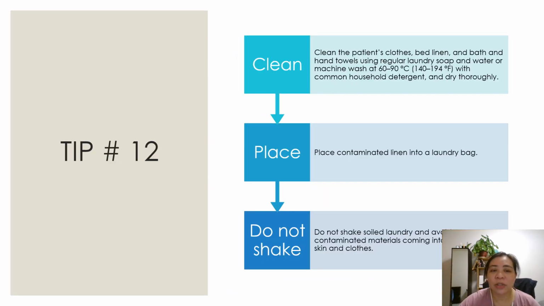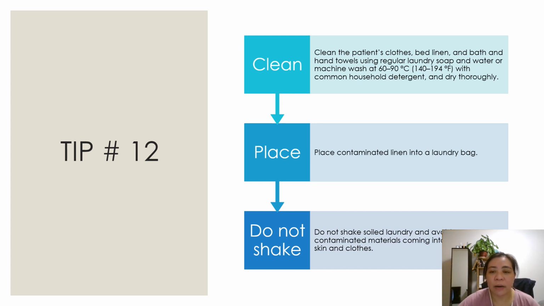Okay? So tip number 12, always clean the patient's things. Use clean patient's clothing, bed linen, and bath and hand towels. You have to wash them regularly with soap and water, using your common household detergent, and dry thoroughly.